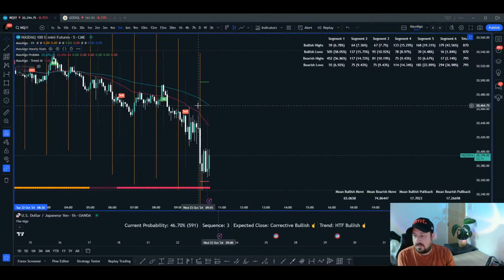So if you get a strong move that's higher than normal, don't worry about whether you've missed out further. I'm not saying you have to hold it, but if it hasn't hit your target, time's in your favor if it's not yet near the end of the hour. What you also know is what sequence you're in. So if you're in sequence 1 of a bearish trend with a higher bearish, sequence 2's coming.